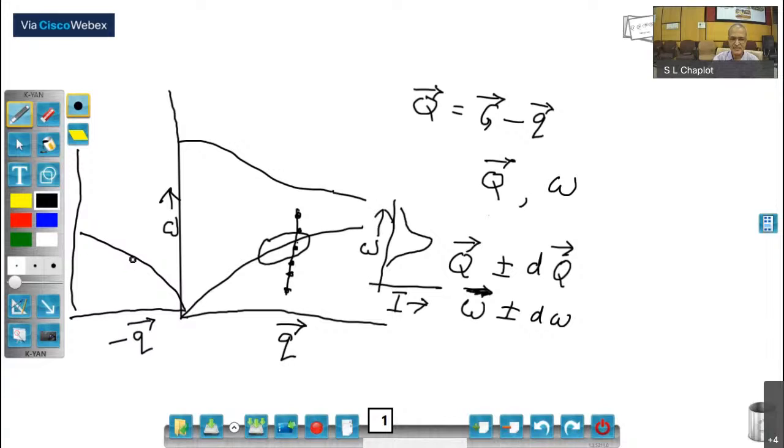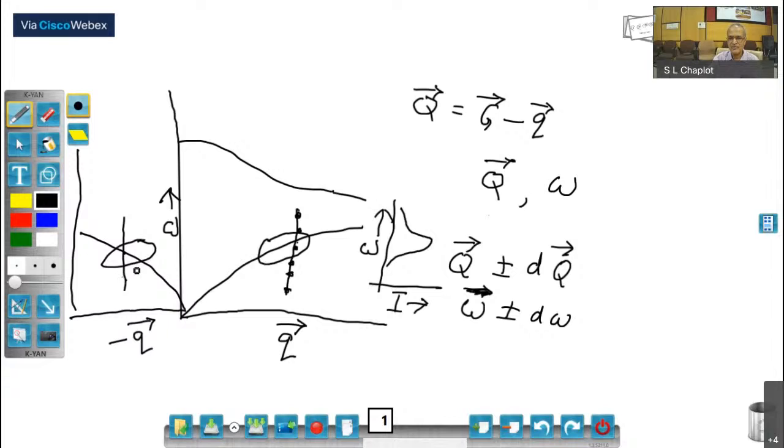But if I measure here, with the same kind of resolution ellipsoid, you can see that this will have a different overlap than here. If this resolution ellipsoid is nearly parallel to the dispersion surface, then the overlap will be for a very narrow region in frequency.